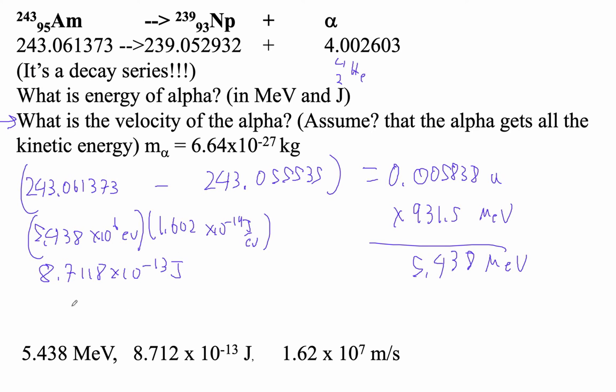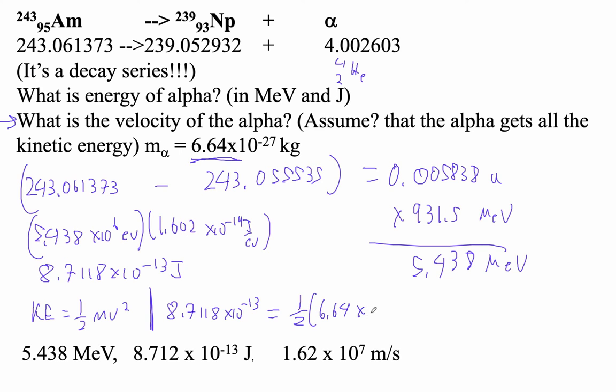And then I'm going to use what energy is, 1/2 mv squared, right? So 8.7118 times 10 to the minus 13th is equal to 1/2, and then the mass of an alpha particle. This alpha particle, by the way, has a little bit more mass because it's carrying this energy, but let's ignore that.